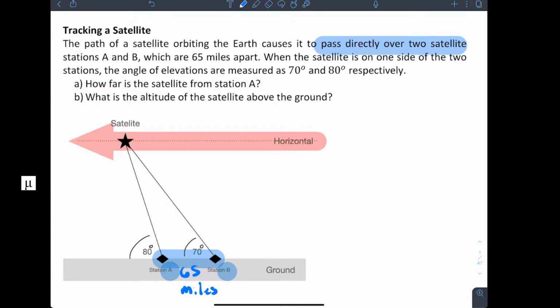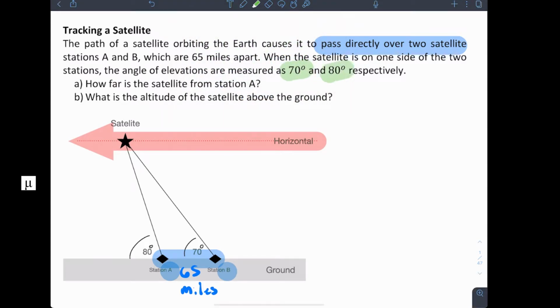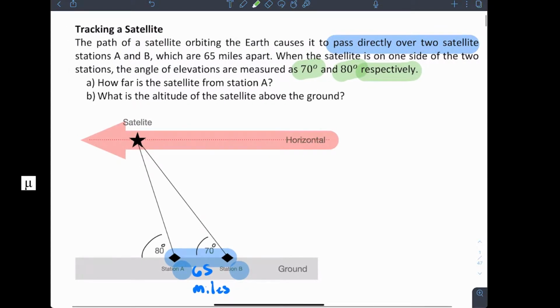The angles of elevation are 70 degrees and 80 degrees respectively. So it's just saying it's on the other side of both of them. And then you start to say, how do I figure out which is 70 and which is 80, and where do they go? Well, they actually told us right here because they drew the picture.